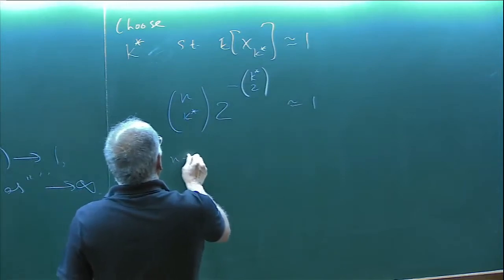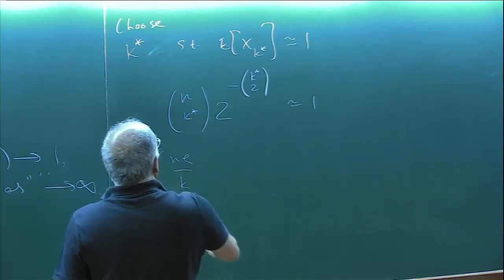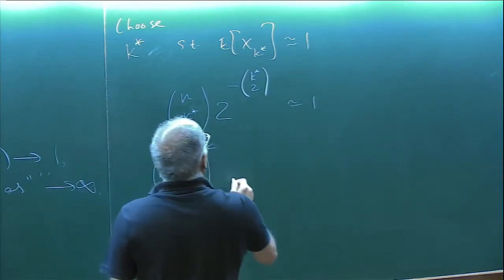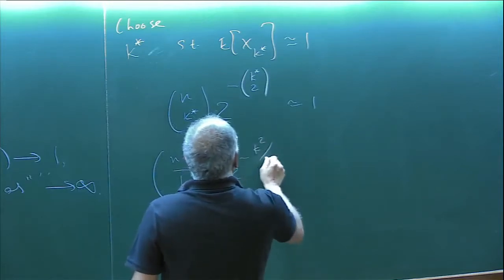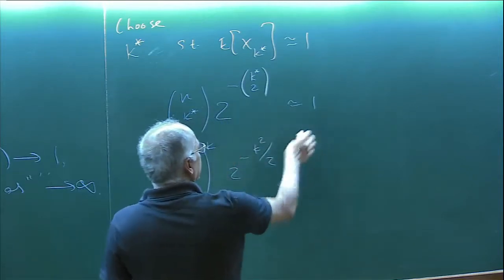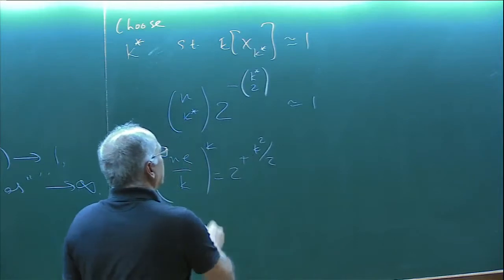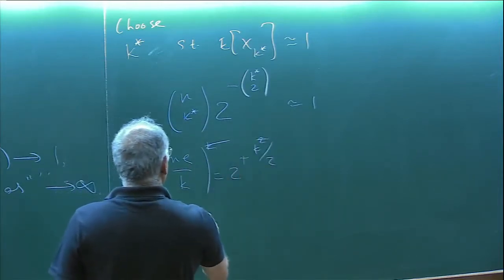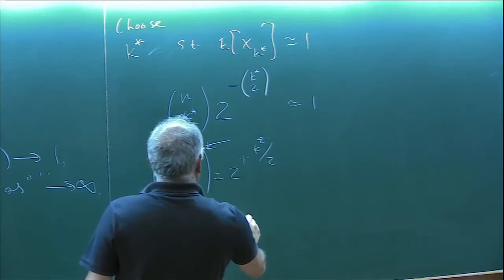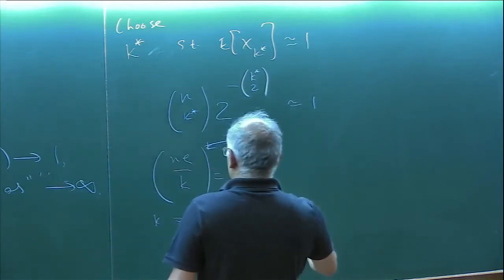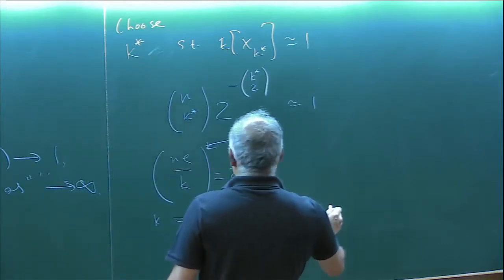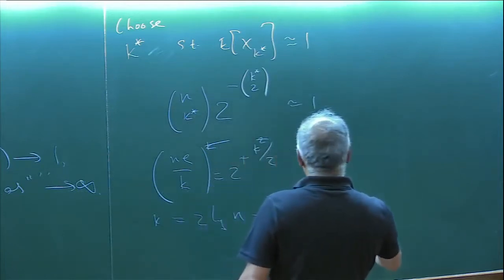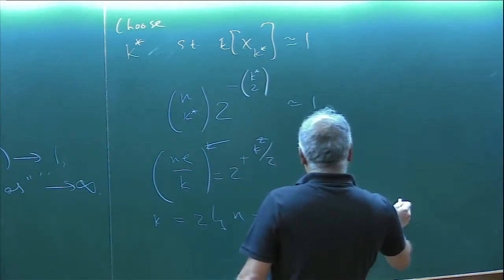So we can just use some simple, let me drop the star, minus k square over 2 to be roughly 1, which means this is roughly that. So figure out this. So that gives you, taking logs, k is 2 log n minus 2 log k plus 2 log e, something like that.